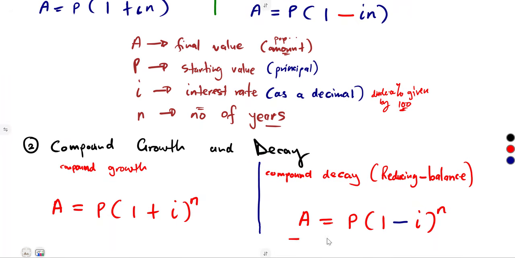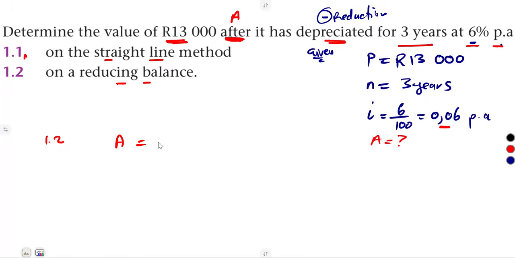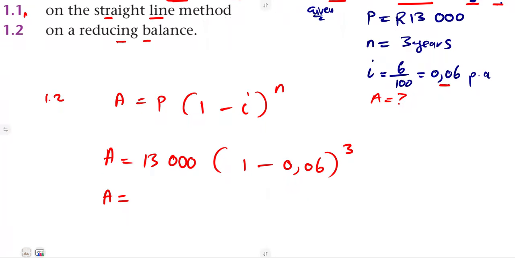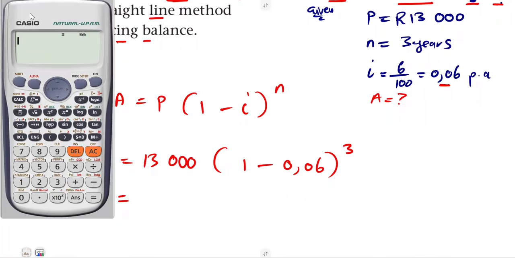So our formula is A is equal to P into 1 minus i to the exponent of n. Just substitute, we have got everything, guys. 13,000 into 1 minus i as a decimal, 0.06, to the exponent of n, the number of years. Then it is you and your calculator at this moment. So let us have our calculator. That is 13,000.